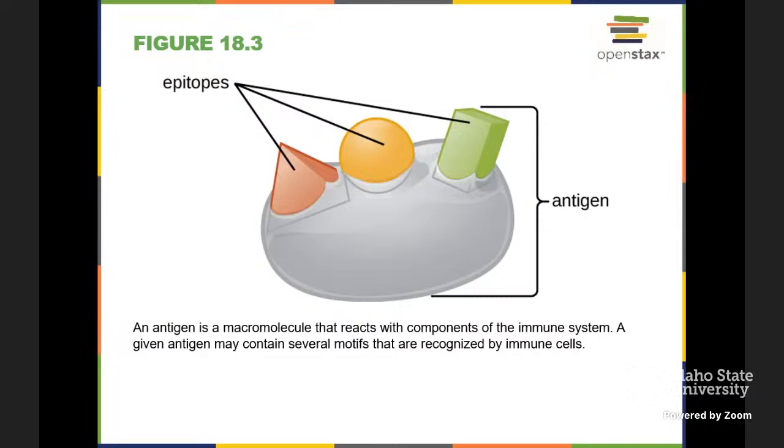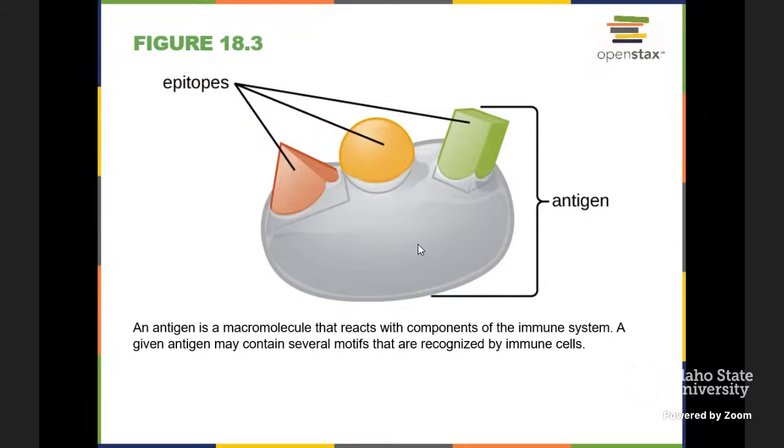But it can. So these epitopes are ultimately the fingerprints, if you will, that our antibodies are going to be able to recognize and stick to. That's the idea. And then there's all sorts of things that result after those antibodies have recognized.